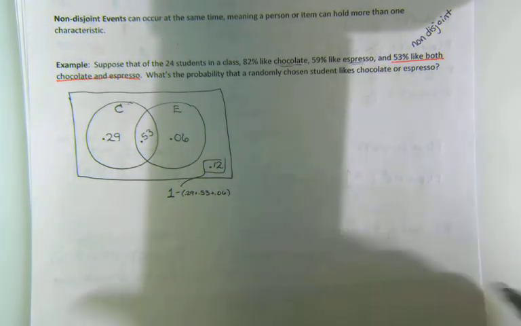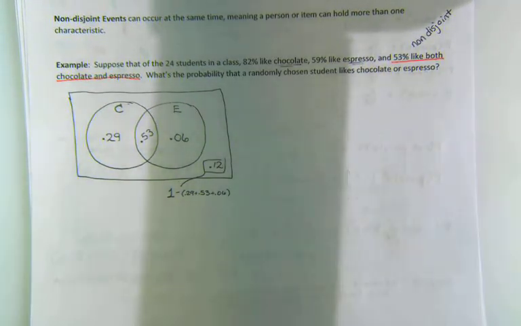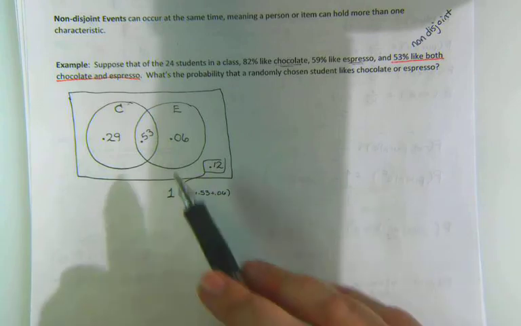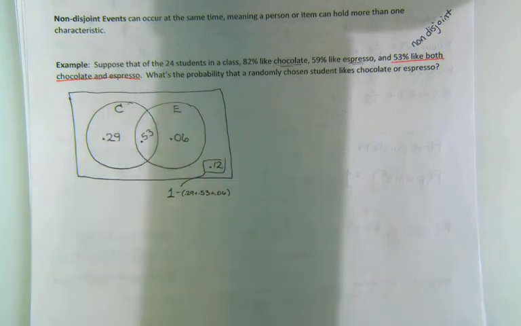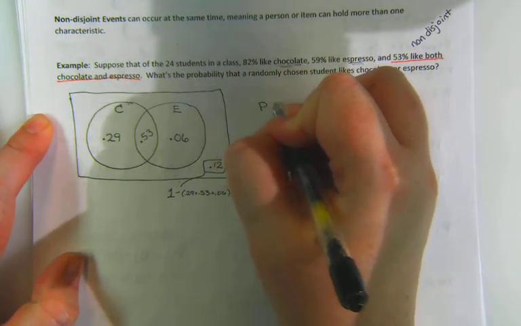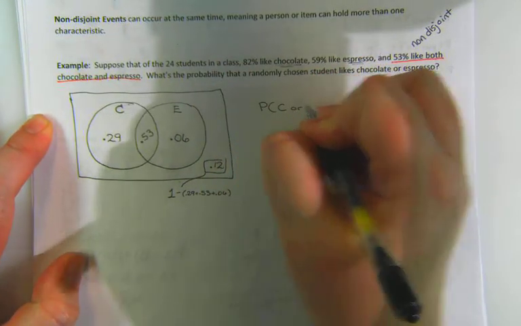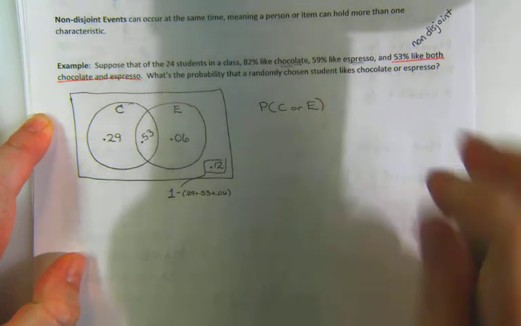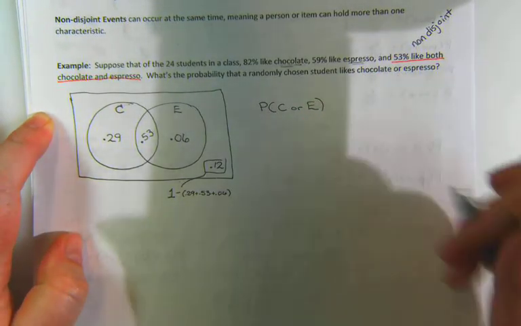And what we want to take out are these values here. So if we start with 1, take that 29%, take out that 53%, take out that 6%. So if we subtract all of those, then we're left with this 12% out there in that space.